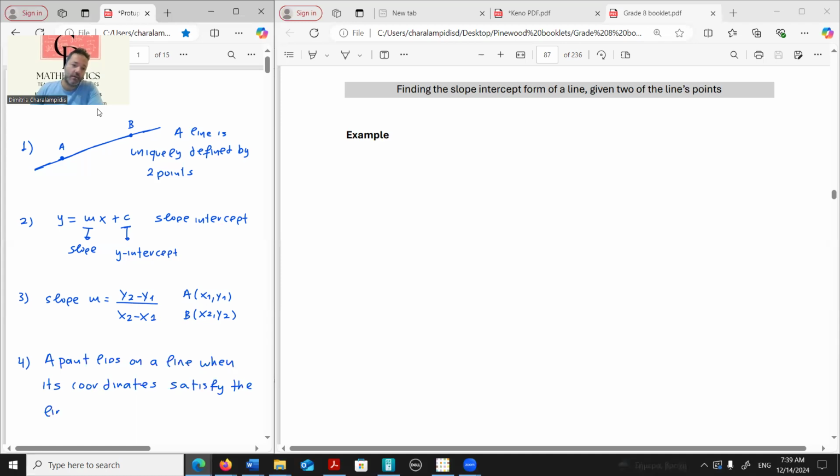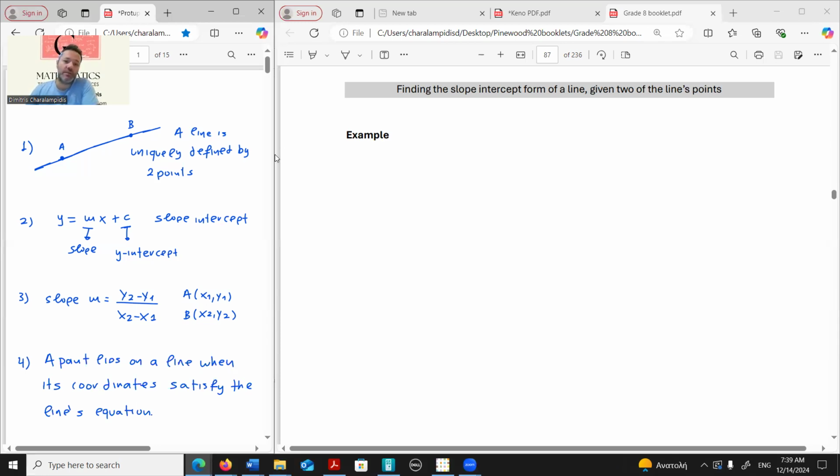So these 4 things will be the key points, or else the checkpoints, in order for us to solve this exercise. Let's go then.